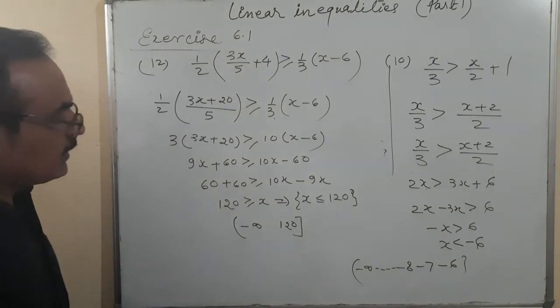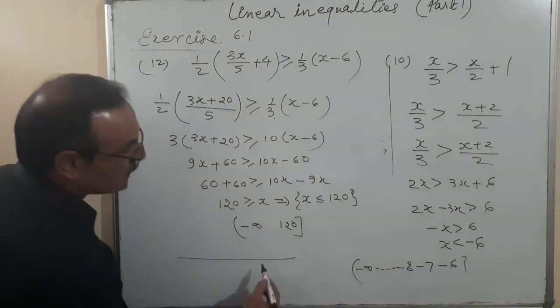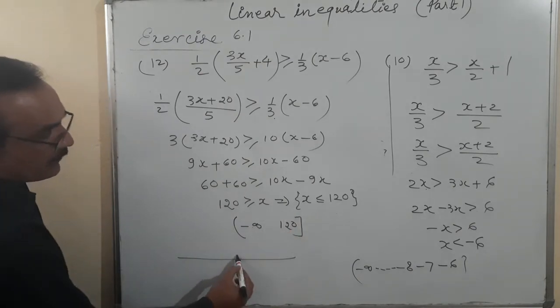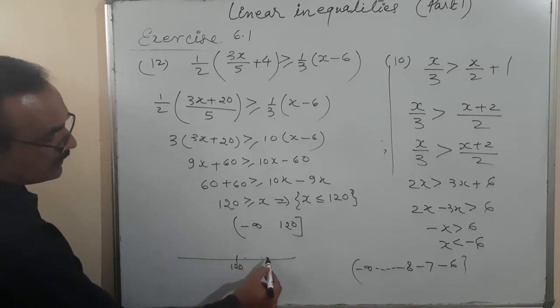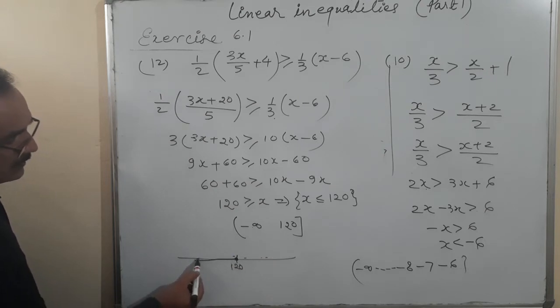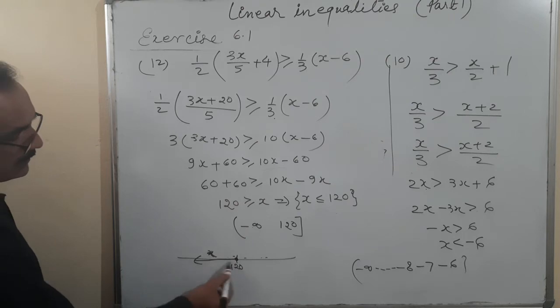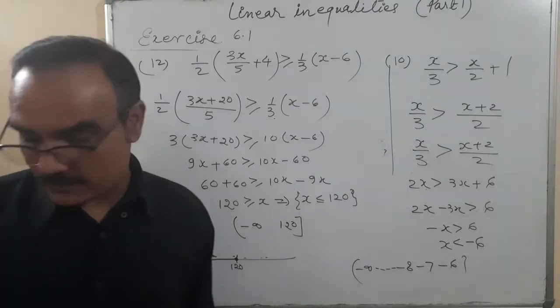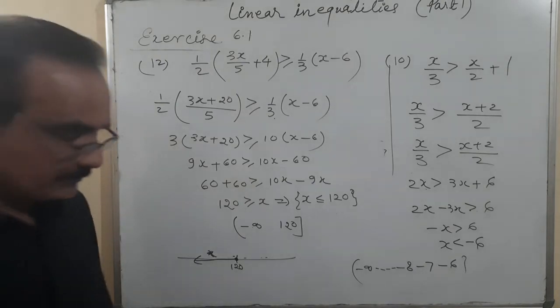Or when we represent it on the number line, this is 120 on the number line. Less than 120, what does it mean? Dark circle at 120. It is x. Clear? This is the representation.